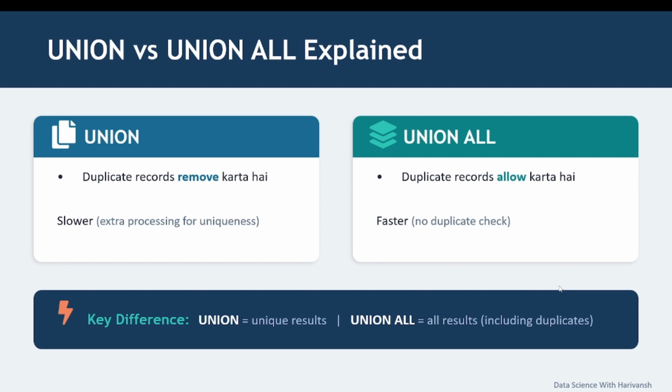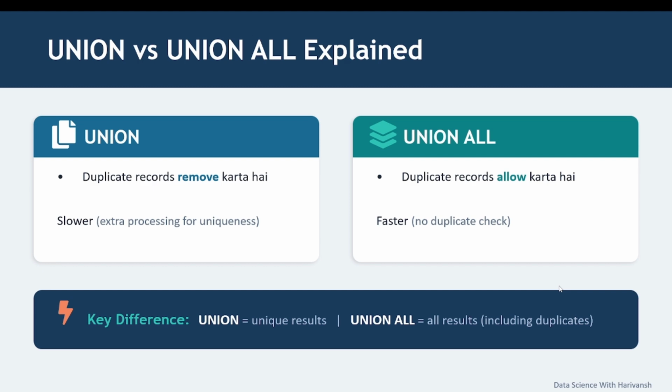Now let's talk about union all. Union all also combines the results of two or more select queries into a single output. But with one critical difference, it does not remove duplicates. Whatever rows are returned by each individual query are included in the final result exactly as they are, even if the same row appears multiple times across the different queries.